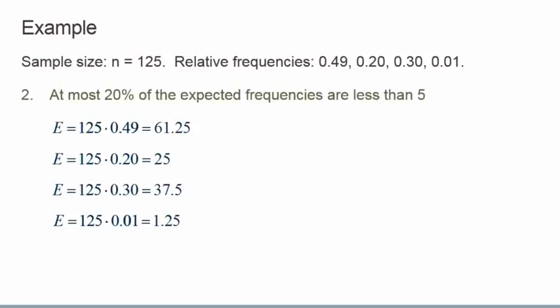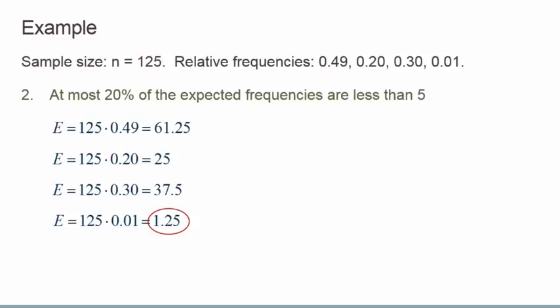Step 2, at most 20% of the expected frequencies are less than 5. So we know our expected frequencies are 61.25, 25, 37.5, and 1.25. One of our expected frequencies is less than 5, so we need to make sure that that is at most 20% of my expected frequencies.